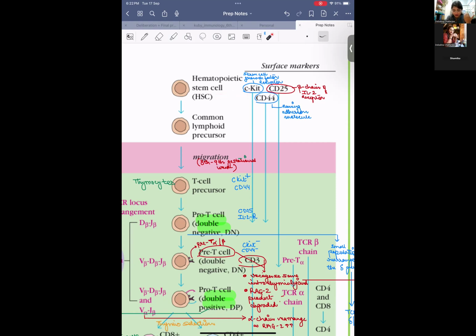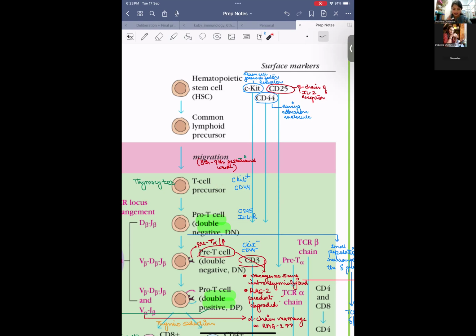As we follow this developmental process, as the hematopoietic stem cell differentiates into the ultimate T helper cell or cytotoxic T cell, you will witness that a lot of markers are changing. Some cease their expression, some find new expression, and eventually, based on all these identities, we designate a cell into different types, right?